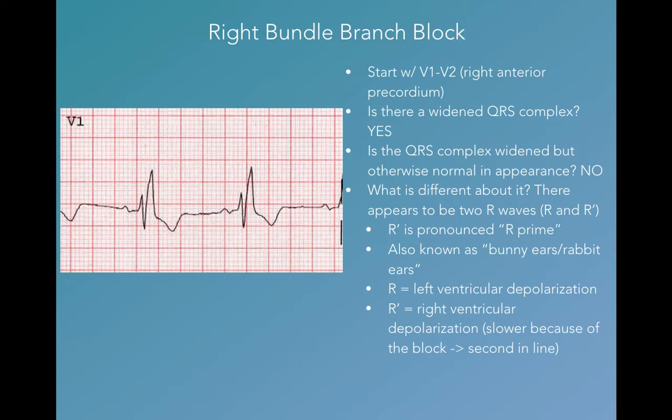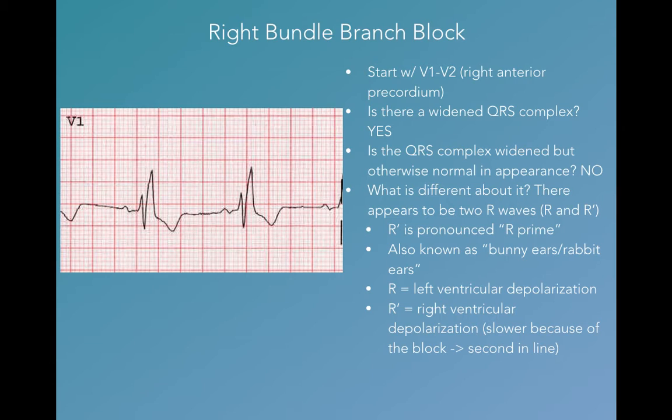It doesn't look normal. So what you want to do is get this picture stuck in your head forever, because this is always what a right bundle branch block is going to look like in the V1 and V2 areas. Since this is a right bundle branch block, the left ventricle depolarizes first.